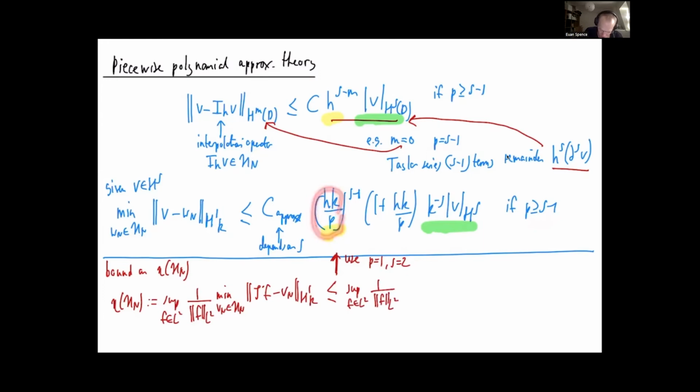It's the semi-norm H^s_k, but I didn't define the semi-norms with the weighting, so I didn't define what the semi-norm was. But of course it is the natural weighted semi-norm.